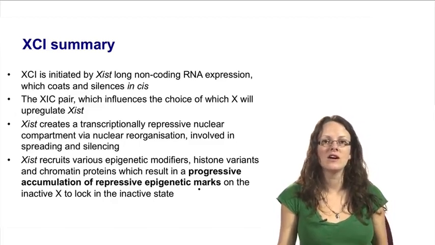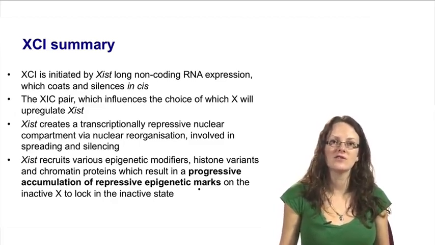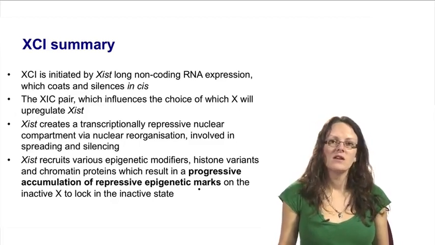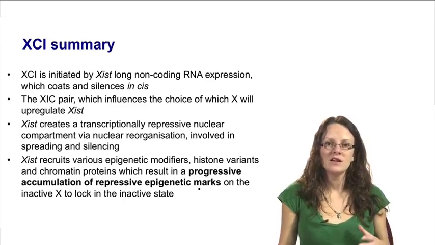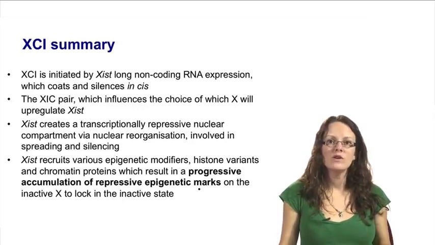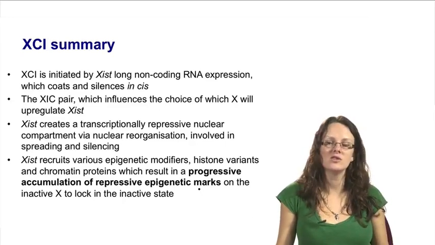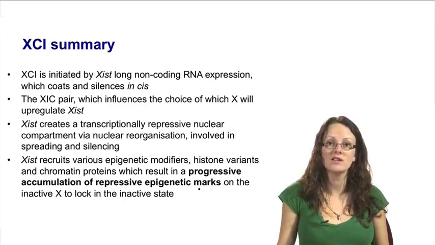This long non-coding RNA EXIST coats the inactive X chromosome in cis, so from the same chromosome from which it's expressed. We know that the X inactivation centers and the surrounding X chromosome pairing regions briefly kiss, they transiently co-localize, and this influences the choice of which X chromosome will actually go on to express EXIST and become inactive.